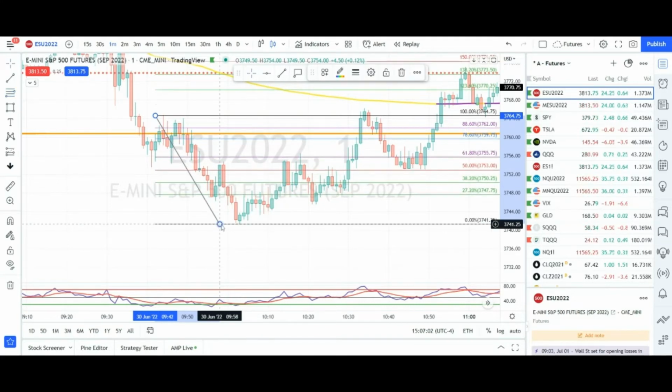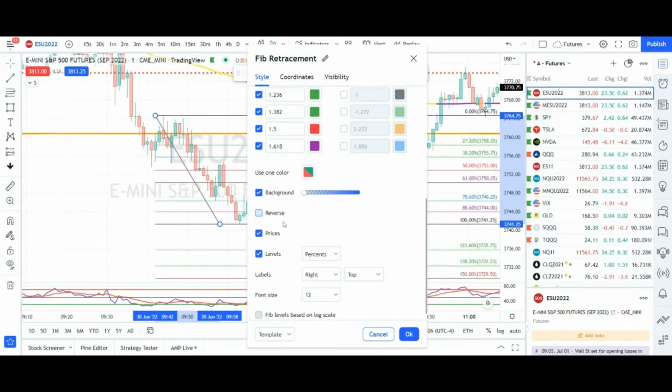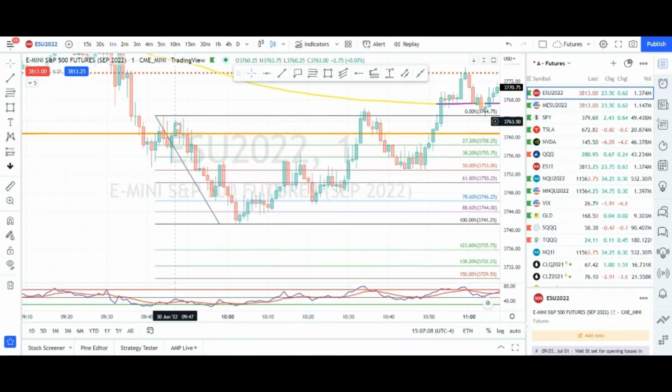So what I need to do, I need to draw levels here. I will flip it because why I draw from there? Because this was the lower high, came back to lower low, and this is my lower high again. Okay, and this is lower low, but this is almost the same trend. Means you can say this is the one trend area.